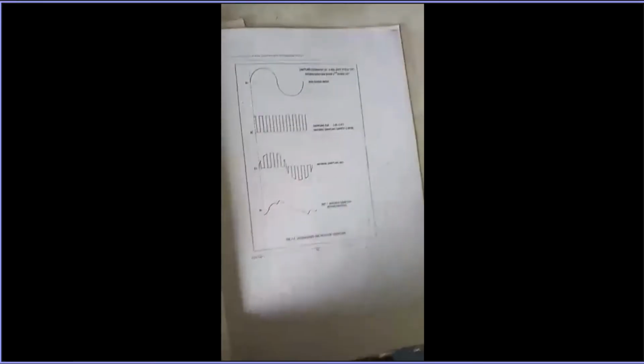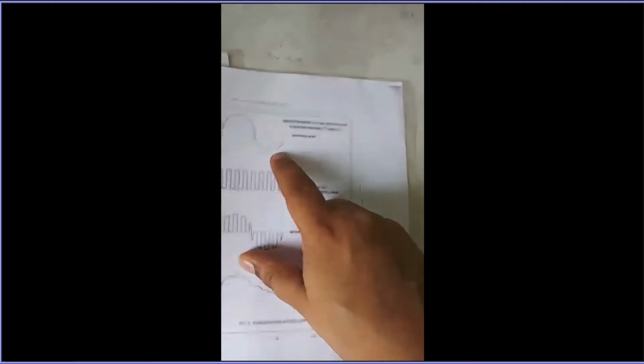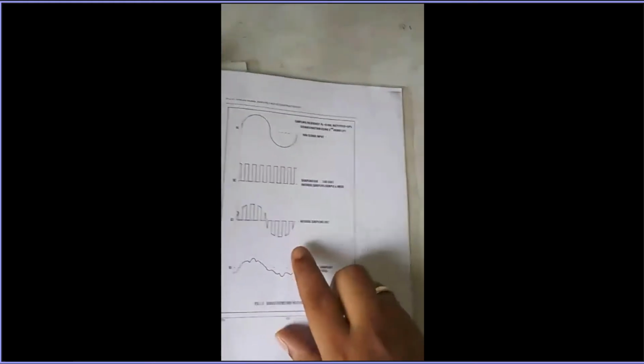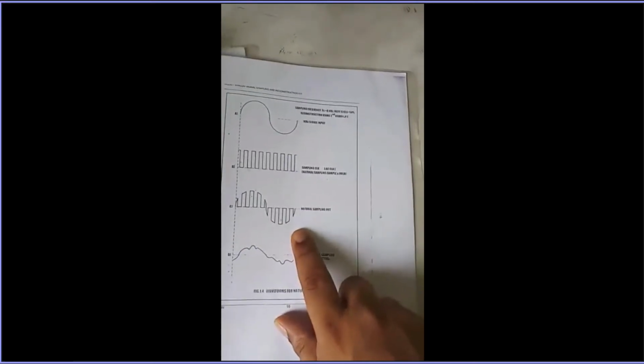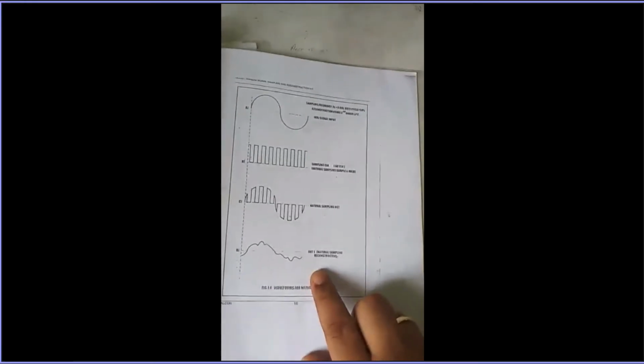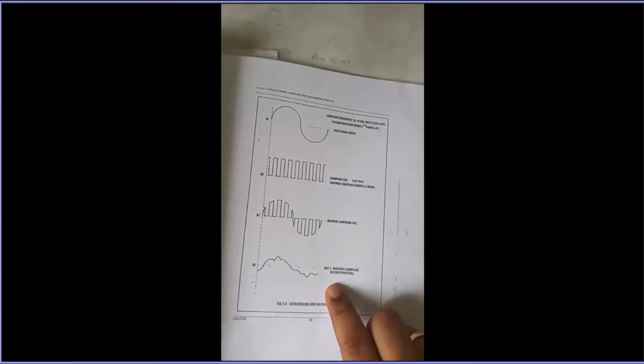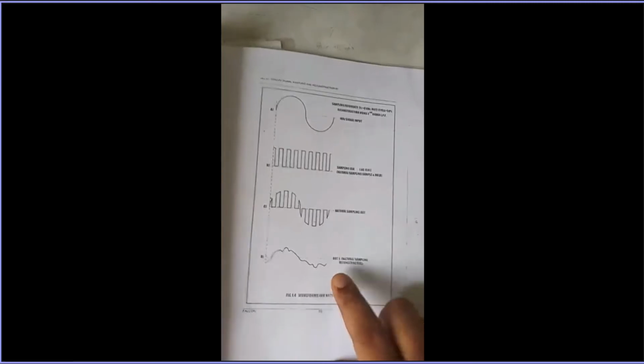That will give you the train of impulse. And this is the expected plot. You can see the 1 kilohertz input signal. This is the output of the sampling circuit. This is the output of the natural sampling. And this is the output of the reconstructed signal.